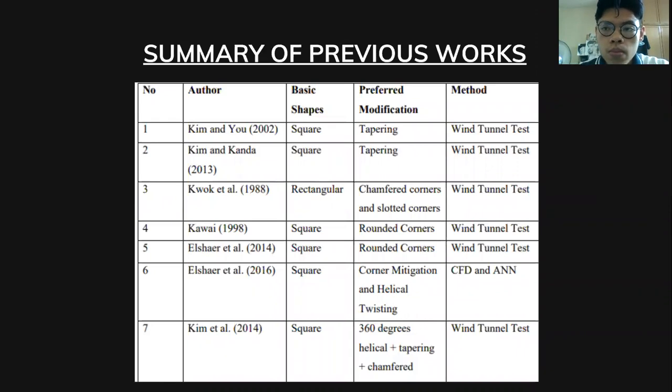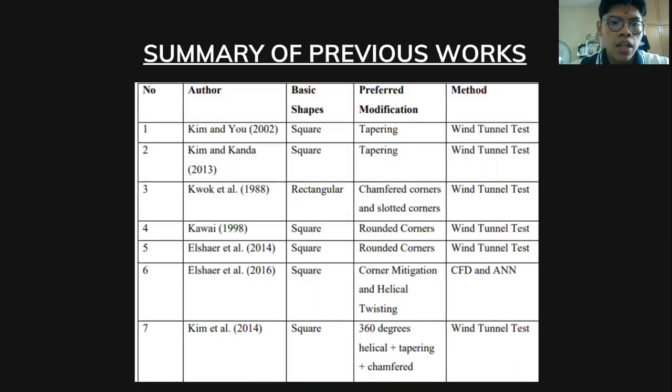So what I've summarized from the literature review are the preferred modifications that were implemented by different authors on their basic shapes. As you can see here, the most common shapes chosen by the authors are square shaped and rectangular shaped cross sections.